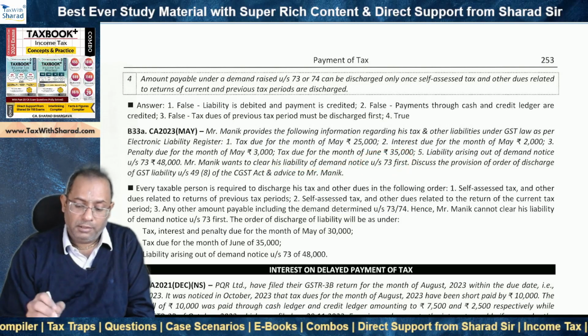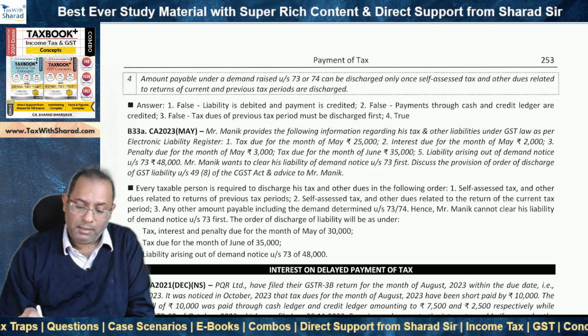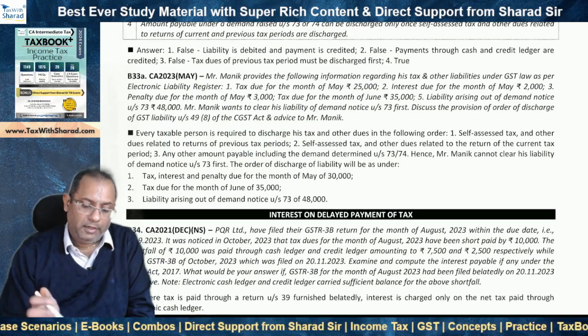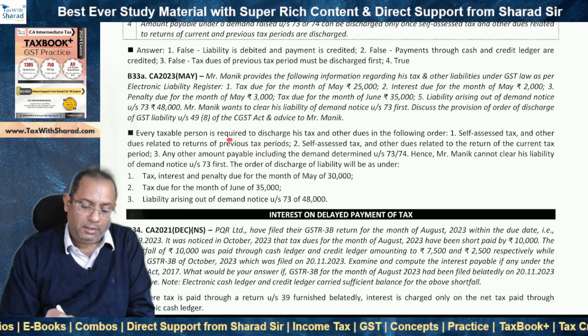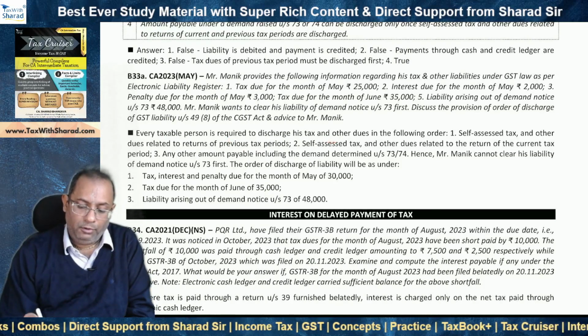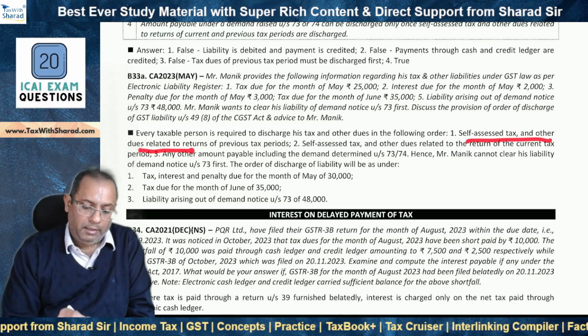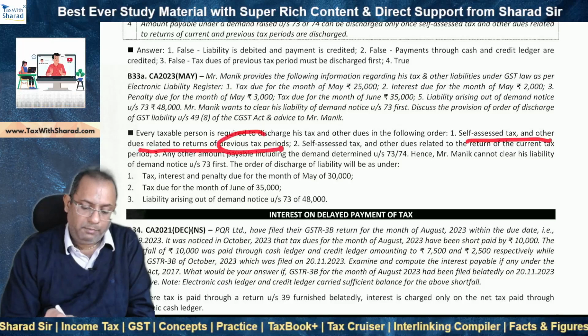He wants to clear this first before the other liabilities. Discuss the provisions of order of discharge of GST liability. So the answer should have been, every taxable person is required to discharge his tax and other dues in the following order. Self-assessed tax and other dues related to returns of previous tax periods.